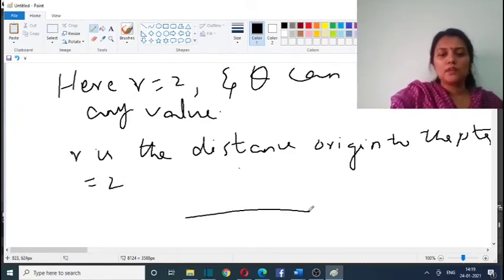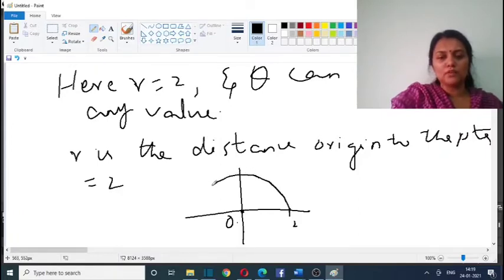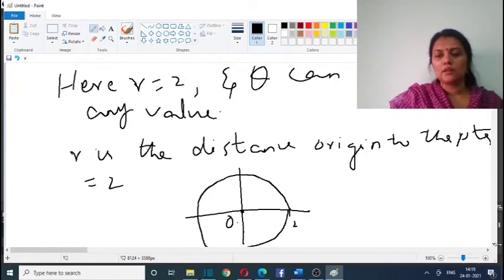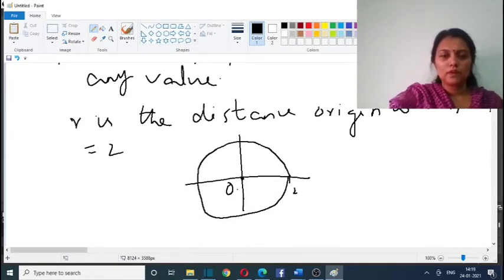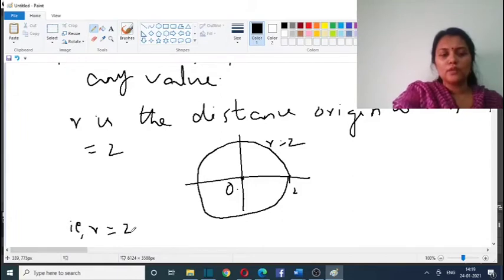So if we have some fixed origin and the distance is 2 for any value of theta, it will be a circle. So r equal to 2 is a circle.